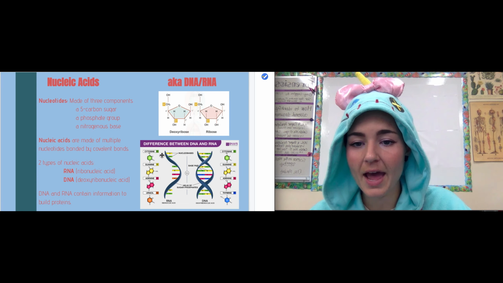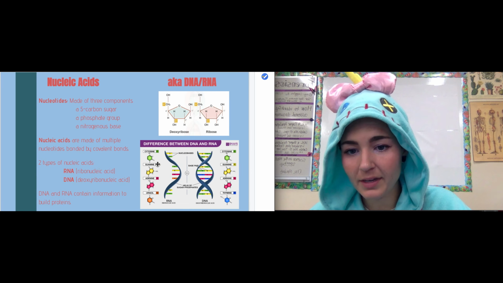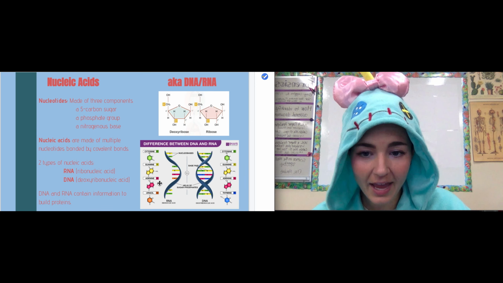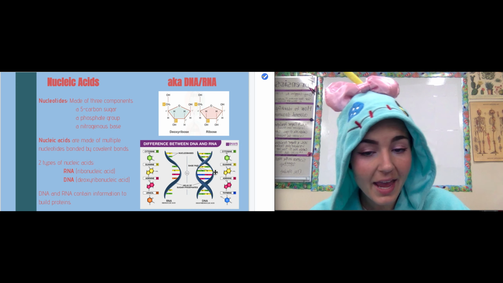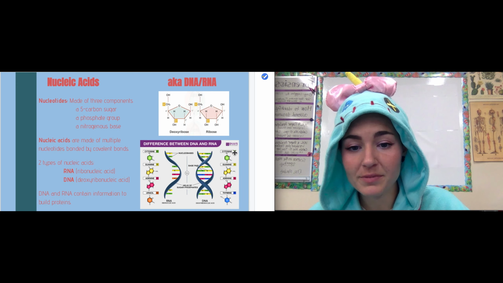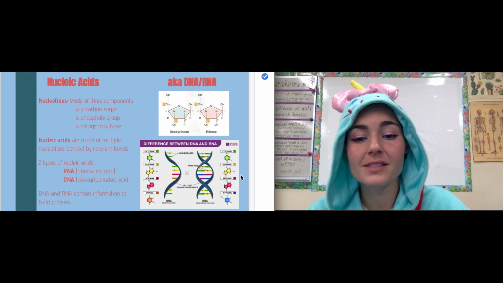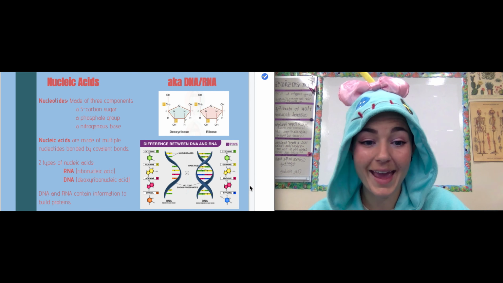So RNA has cytosine, guanine, adenine, and uracil. So it has a C, a G, an A, and a U. DNA has the same cytosine, guanine, and adenine, but instead of uracil, it has thymine. So DNA letters are C, G, A, and T.